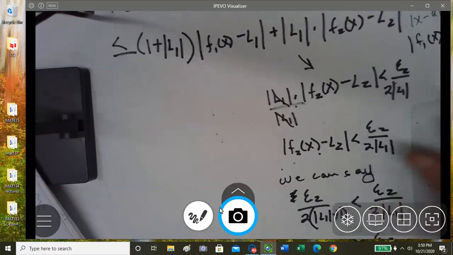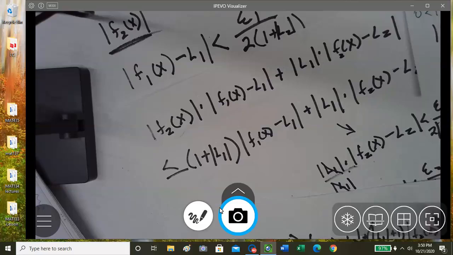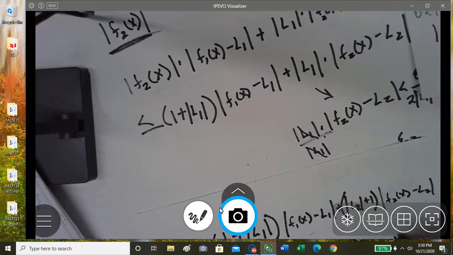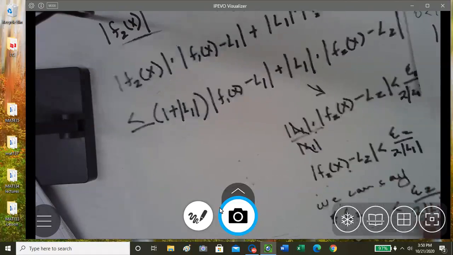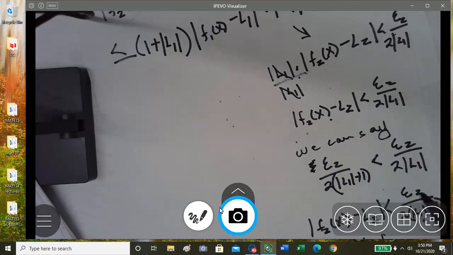So this is going to be, where is it? Oh, this is L2. This is L2 plus 1 times, and then we said that f2 x minus L2 is less than epsilon 2 over 2 times absolute value of L2 plus 1.